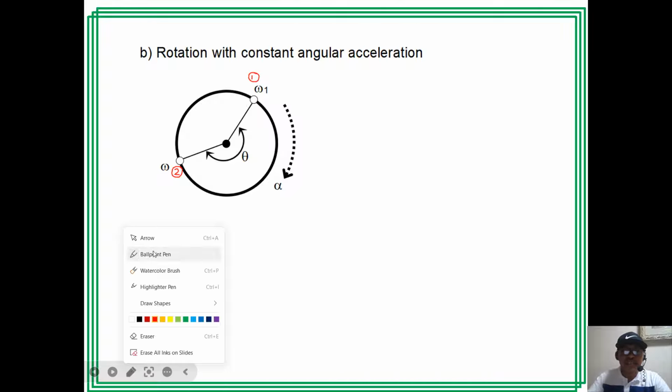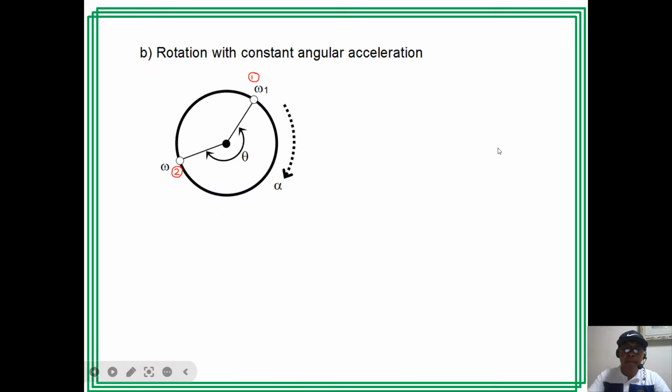So what are the formulas that can be applied? Again, we have the same formulas as for linear motion, but take note, we will just change notation: theta for S, omega for V, and alpha for A. So we have here our formulas.